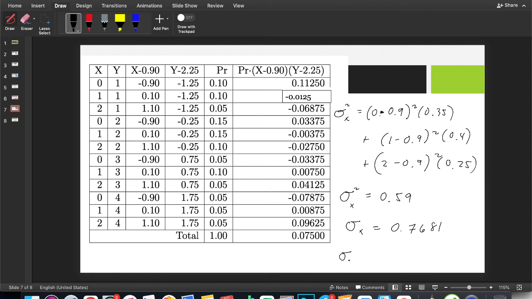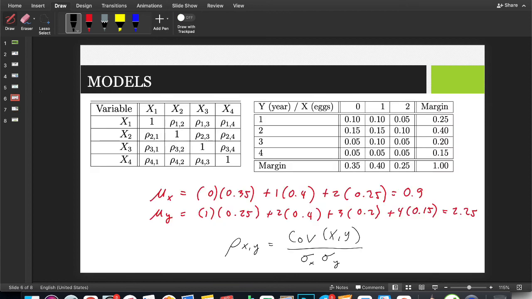If you do the math, you should be able to obtain a value of standard deviation of y equal to 0.9937.